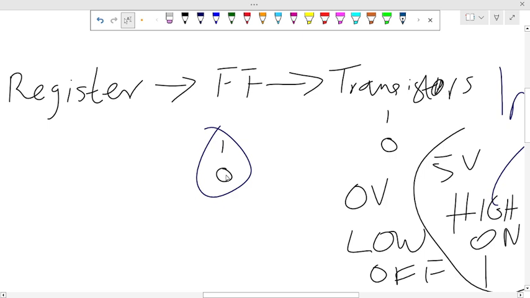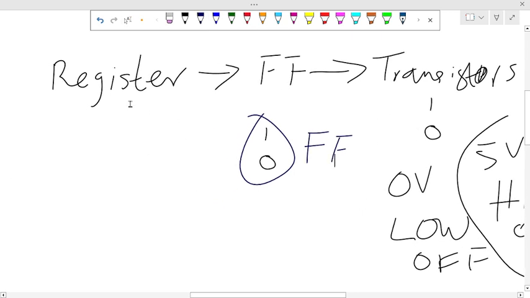Are you seeing it? This is 1 bit, one flip-flop. Now, registers are made up of what? Flip-flops. We said that just now. So if we have 4 flip-flops, it means we have what?